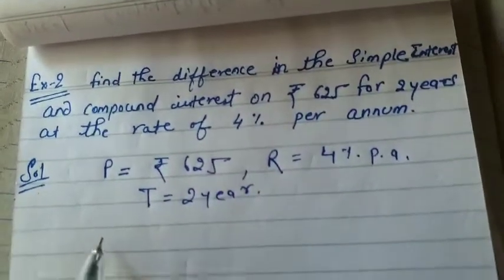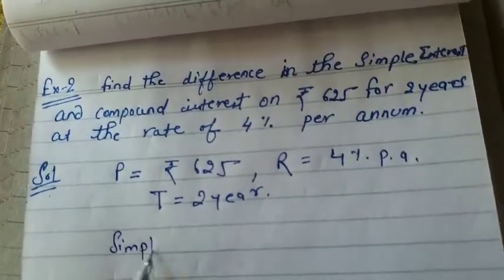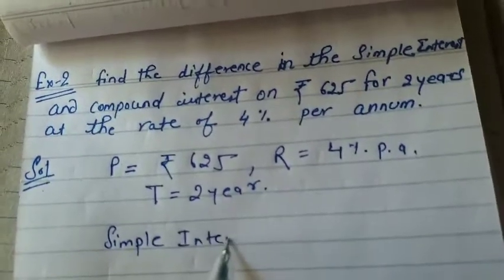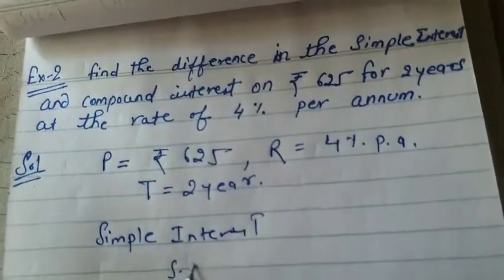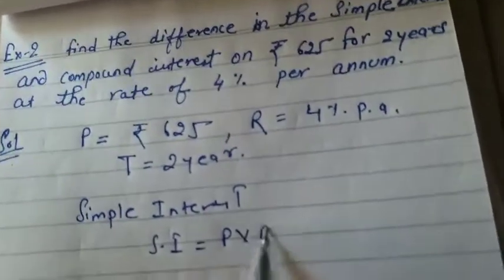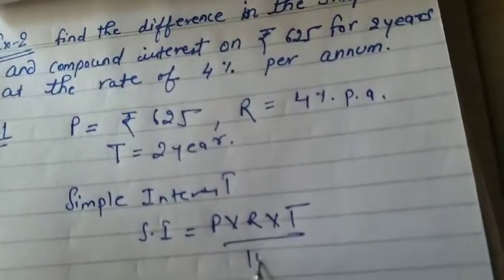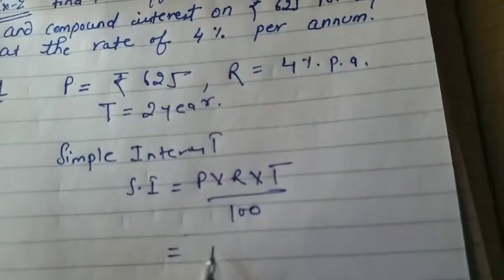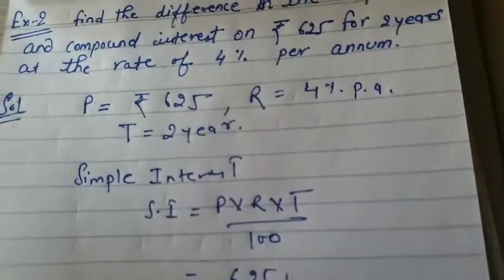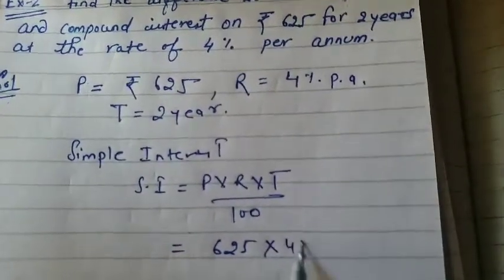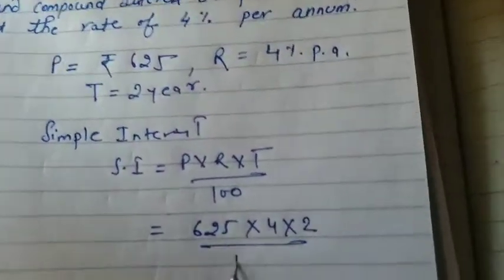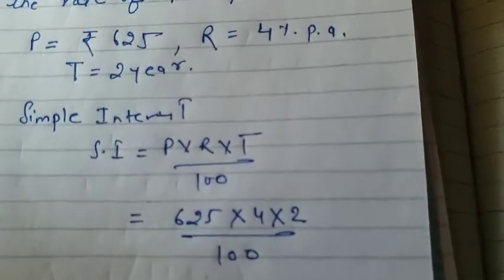Now first we calculate the simple interest, and we know that SI equals P into R into T divided by 100. Now putting the values, P into R into T, that is 2, divided by 100.